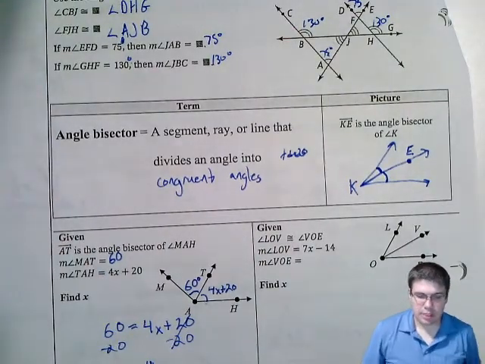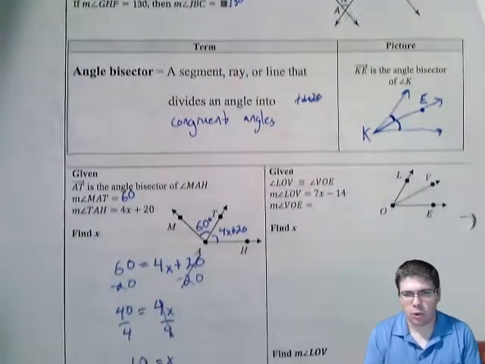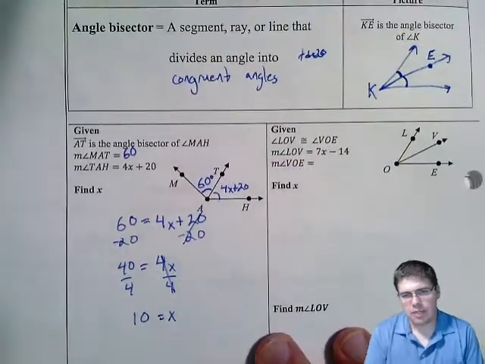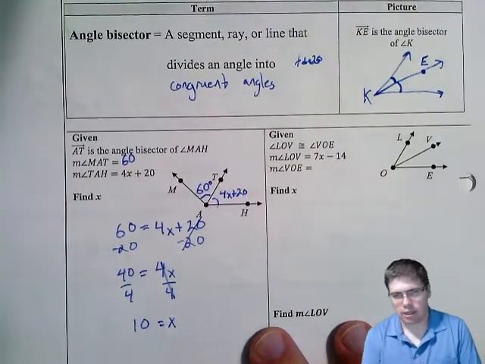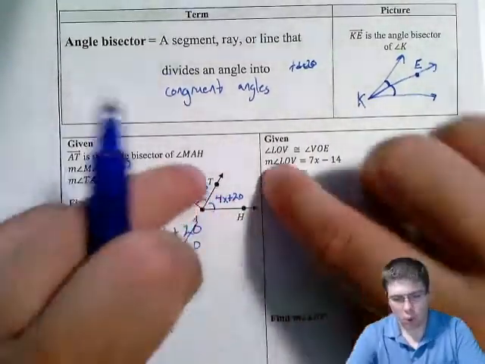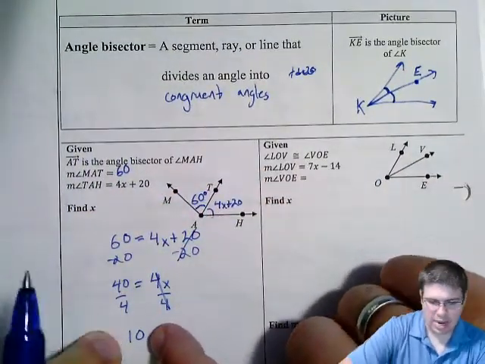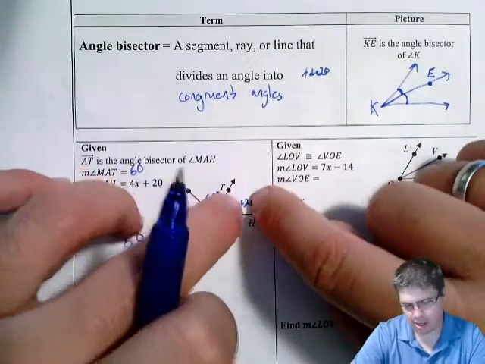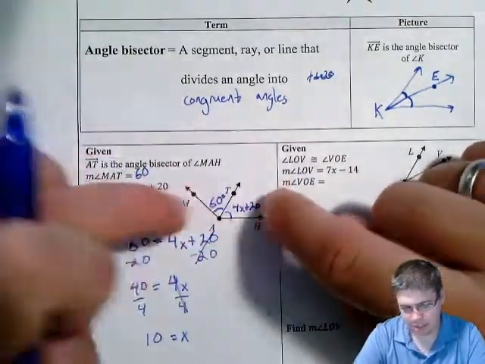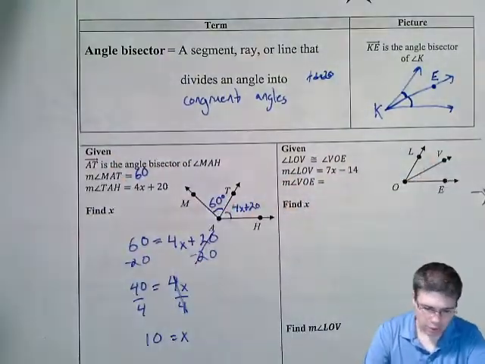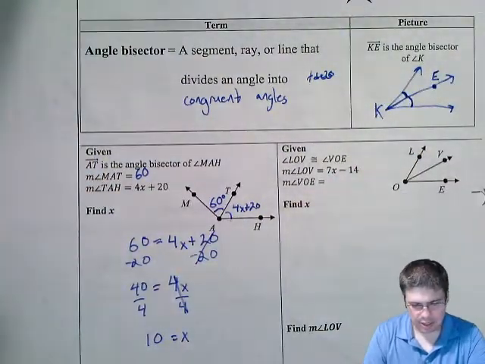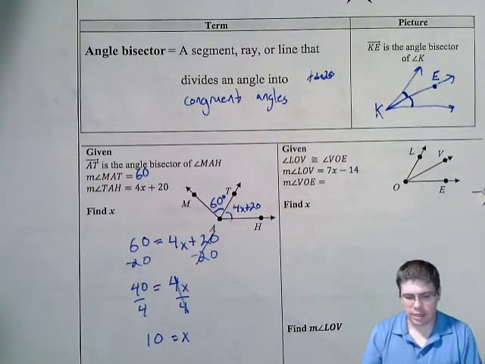So I've solved for x, and that was the goal there. Technically, the whole thing should have been degrees. So it's kind of like 10 degrees, but you should also then have 20 degrees on that, or degrees on the whole thing. Depending on how we define that, we may or may not want to include that degree marking.